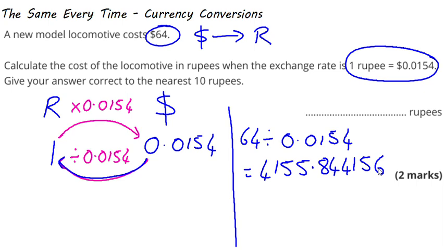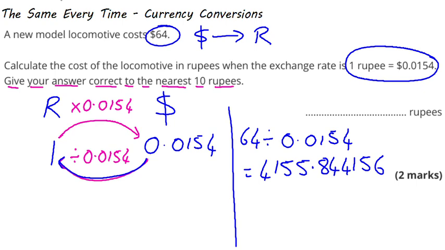Looking at this question, we can see this part of the question just here. Give your answer correct to the nearest 10 rupees. So out of those 2 marks, one of the marks is going to be for doing the rounding correctly.